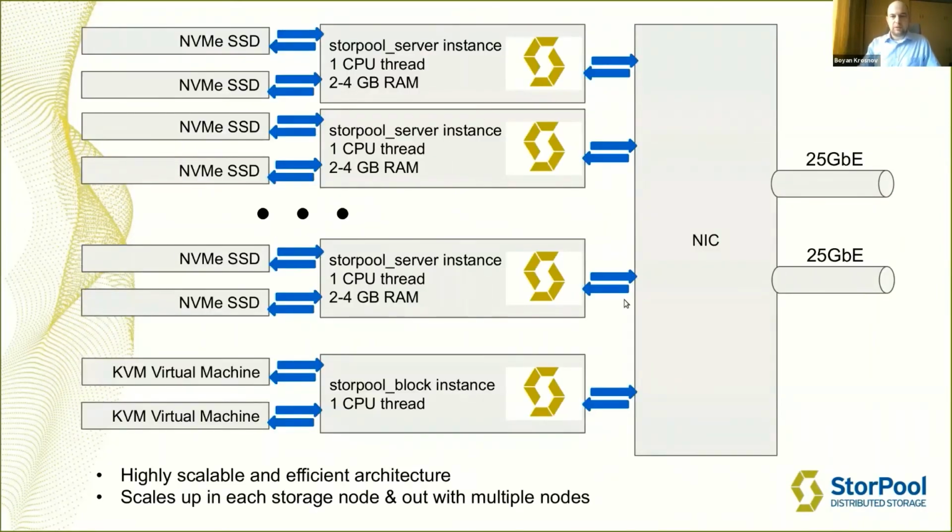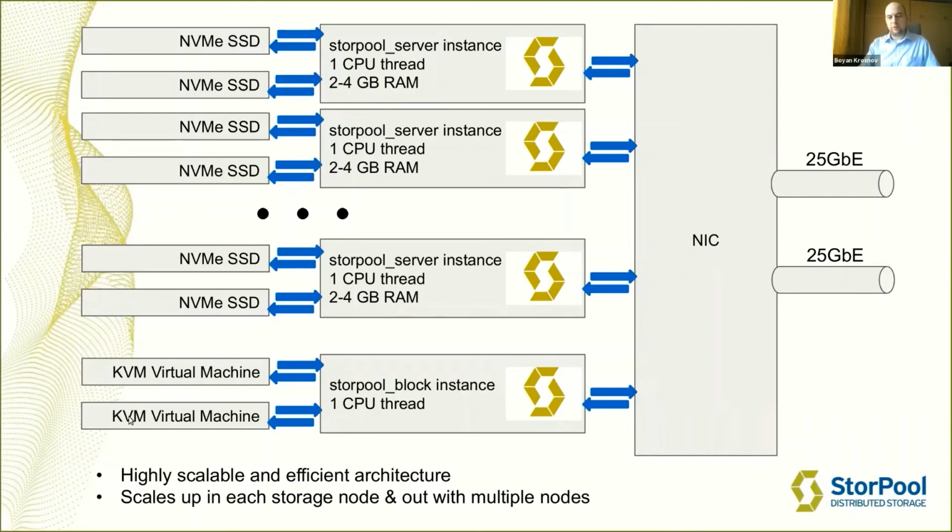So this is an overview of the StorPool architecture. On one end, you have StorPool server instances, which use a dedicated CPU core. They talk to NVMe drives using a poll mode driver, so there are no context switches here. We talk to network interface cards using a poll mode driver, so kernel bypass, there are no context switches there.